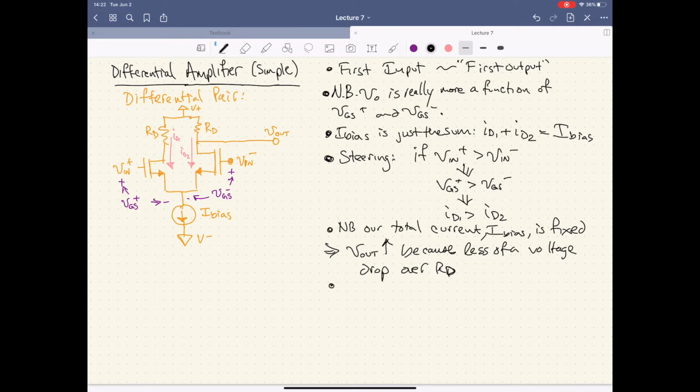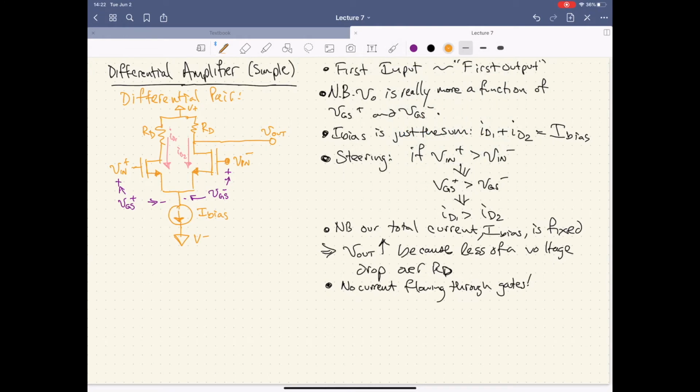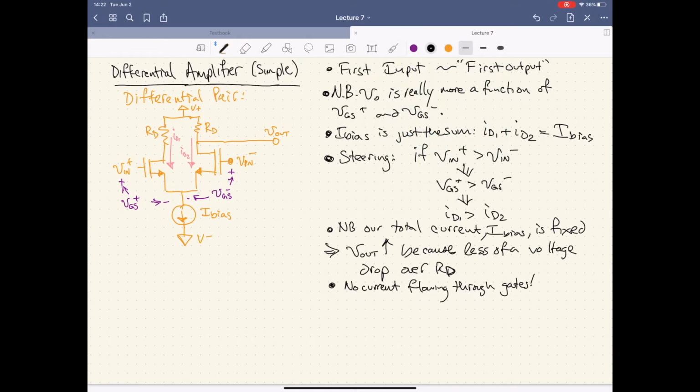Another thing to note here, so we have no current flowing through gates. This is kind of obvious, right? I mean, we know that. Currents don't flow through gates. Well, the thing that this does, though, is that it validates our claim that RIN is effectively infinite, right?